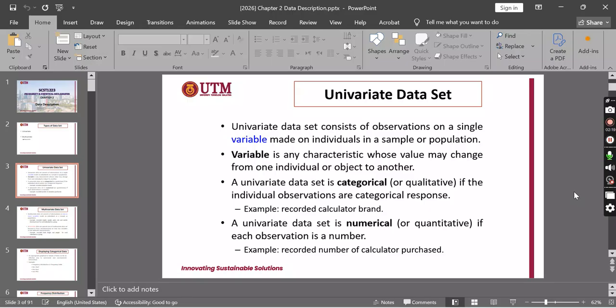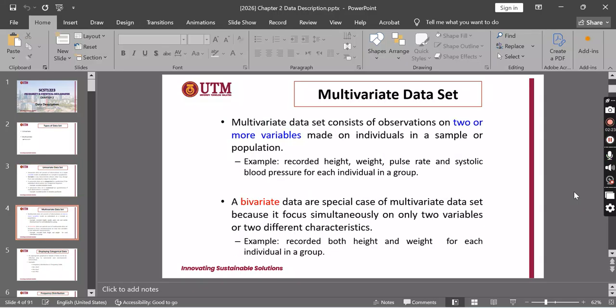Quantitative, we said that it's numerical data. That's the explanation of multivariate. We explained it in the previous slide. So multivariate must be more than two variables, and bivariate is only two variables. Okay, as it's shown here, only two variables.